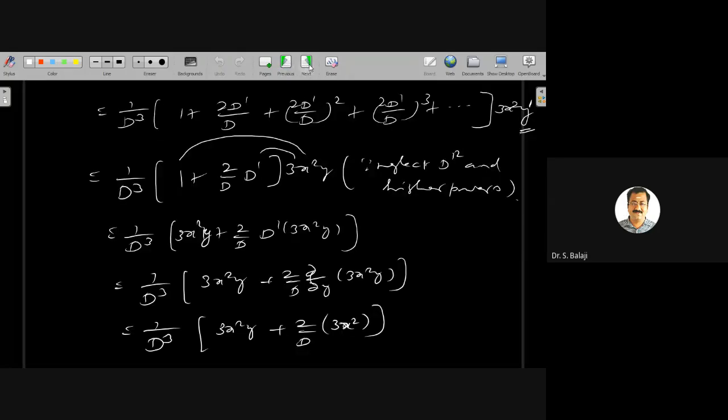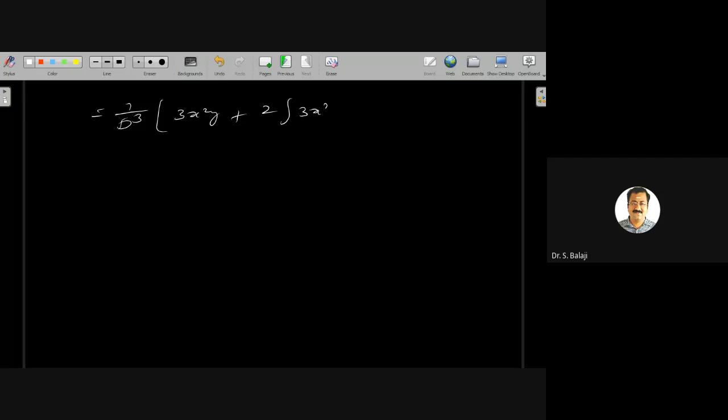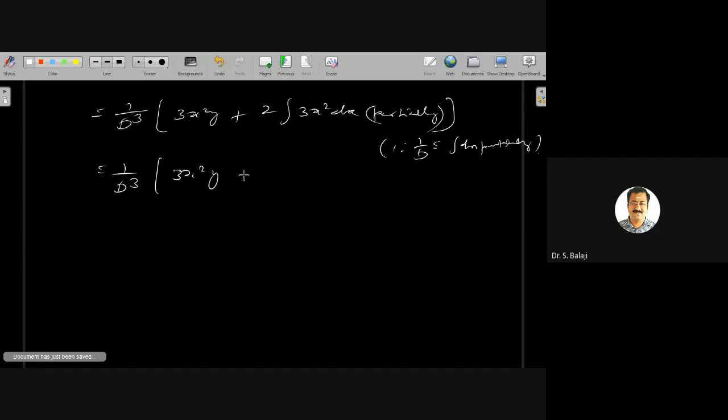1 by d means integration partially with respect to x. For 1 by d cube of 3x square y, plus 2 by d of 3x square, it is one integration only.